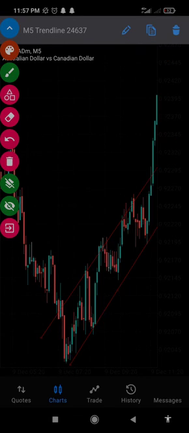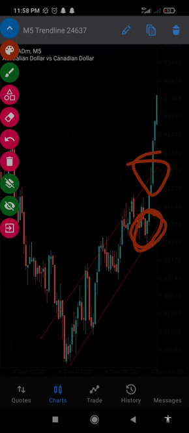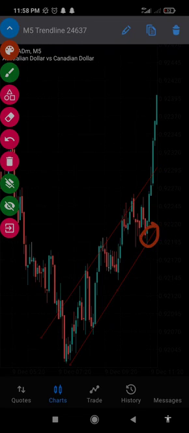But I wouldn't have actually entered this trade. When I see this trade, I would have entered because I'm seeing a rejection here at this zone.